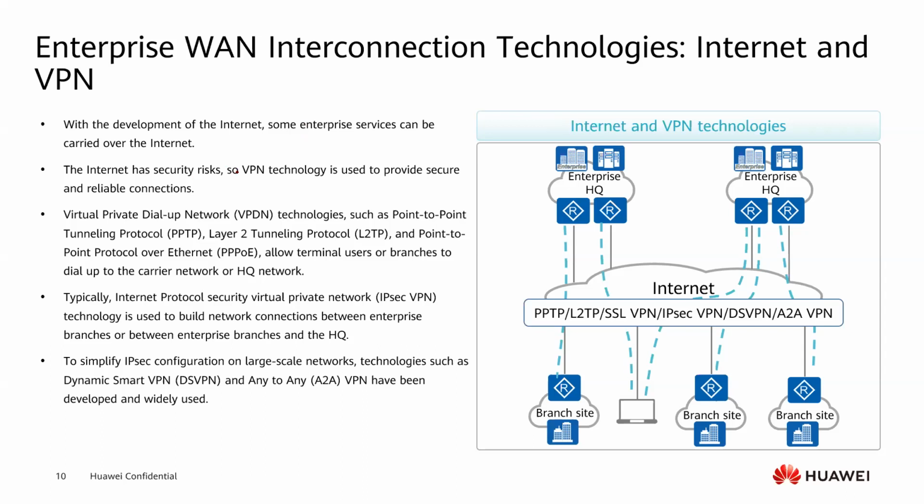Based on this internet, the enterprises can use the following technologies to create the WAN interconnection, like PPTP, which is a very old technology. L2TP is widely used. SSL VPN is widely used. IPsec is also widely used. DSVPN and A2A VPN are point-to-multipoint VPNs, not widely used, but they exist. Some companies use them, but not a lot.